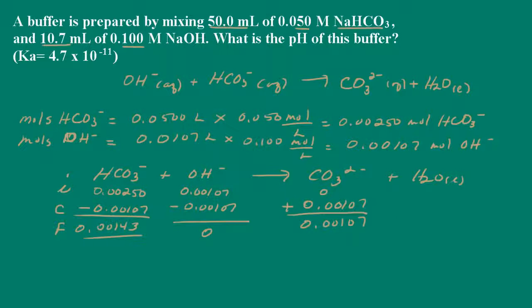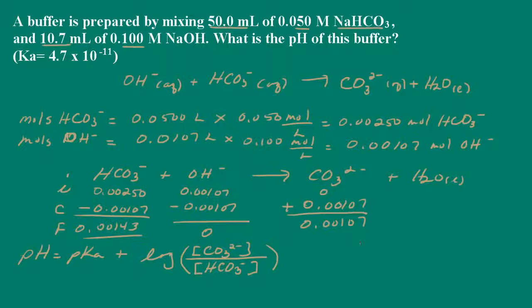One more thing that we need, we're going to be using the Henderson-Hasselbalch equation. So we have pH is equal to pKa plus the log of the quantity concentration of conjugate base, that's the carbonate ion, over that of the acid, which is the bicarbonate ion.